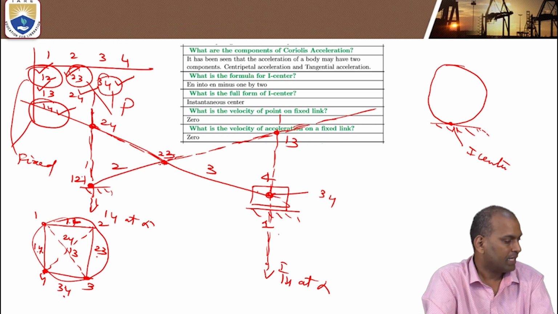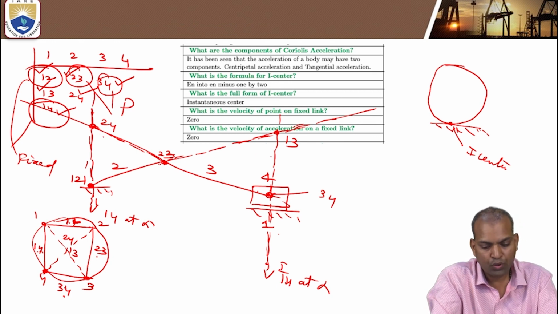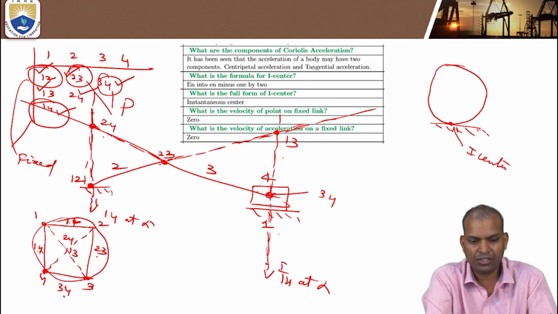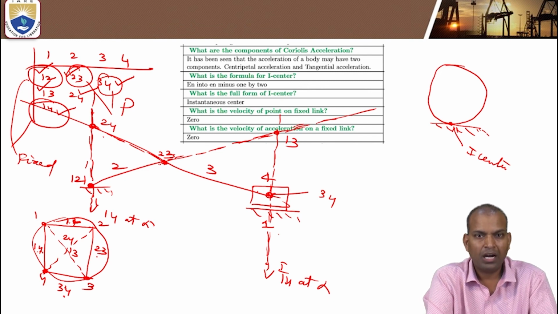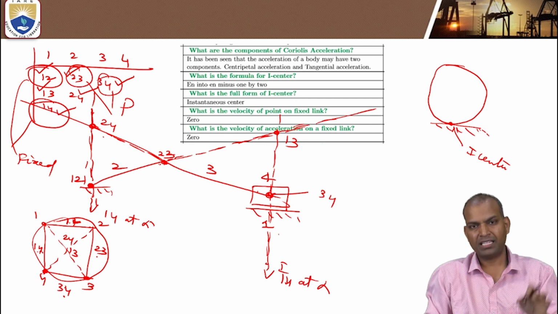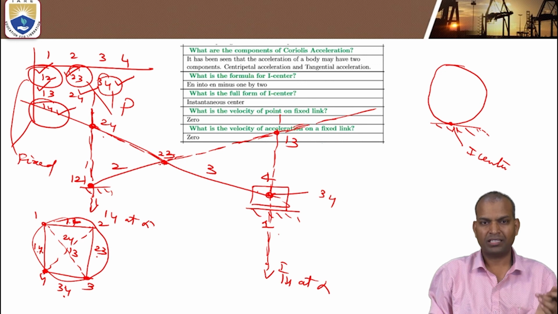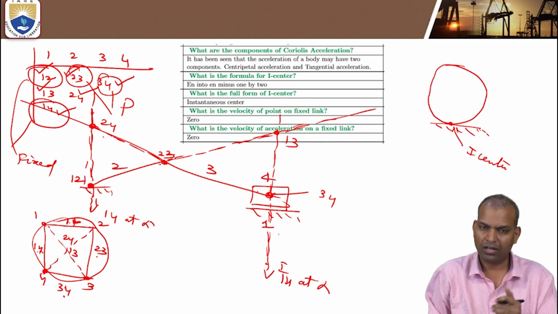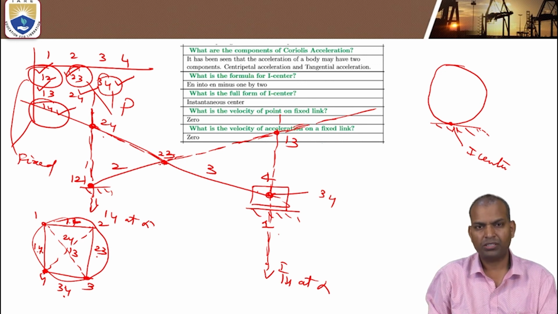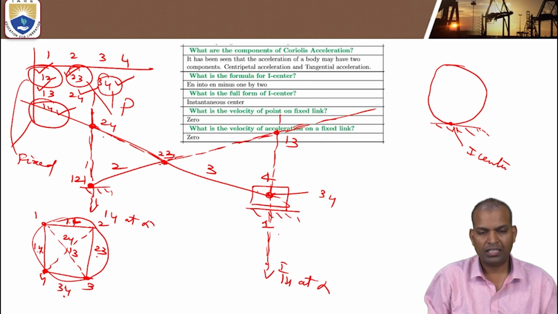And the remaining I-centers 2-4 and 1-3 are neither fixed nor permanent I-centers. So all I-centers we can categorize under these three categories: fixed I-centers, permanent I-centers, and neither fixed nor permanent I-centers.